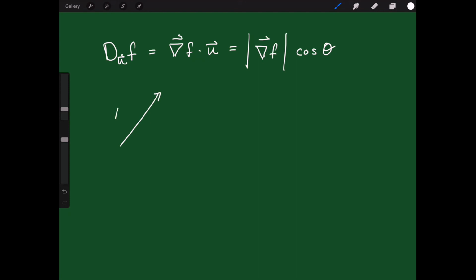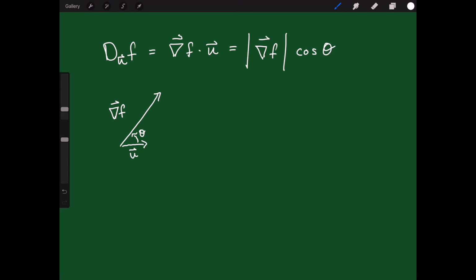Let's call this one the gradient of f. That's one vector. And I have a unit vector, let's call that u. And I dot those two together. I also have an angle between the two vectors, let's call it theta.